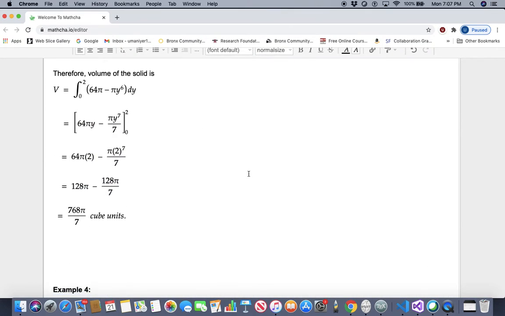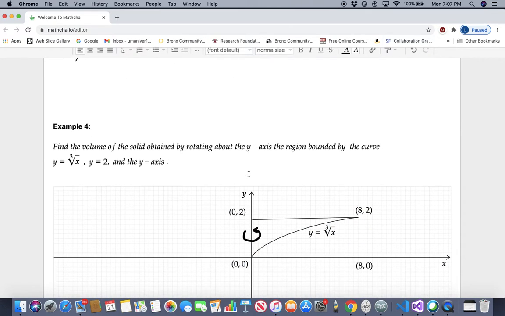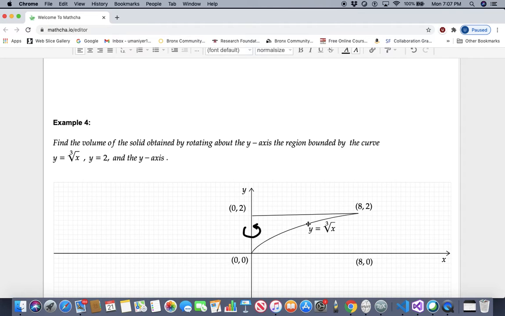All right. Now here is another related problem. I'm looking at the same curve, but instead of looking under the curve this time, I am looking at the region bounded by the curve, the line y equals 2, and the y-axis. So that's your curve, that's your line y equals 2, and that's your y-axis.